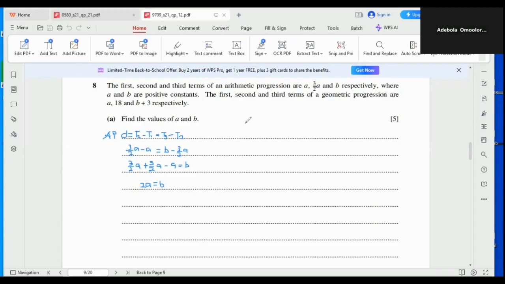Now we can get another expression with the GP, but this time we'll be dealing with the common ratio. For the GP, the common ratio R is equal to the second term divided by the first term, T2 over T1. It is also the same thing as T3 over T2.